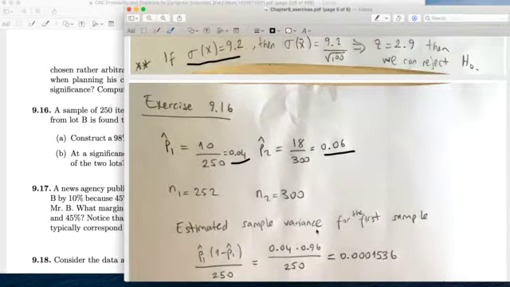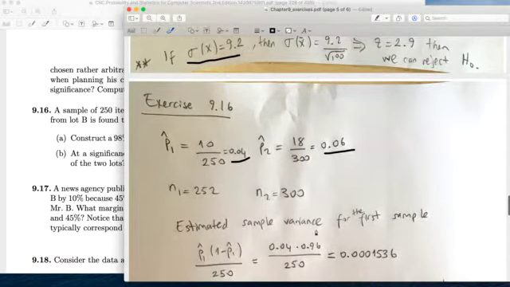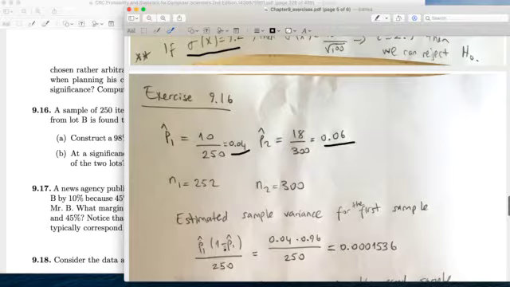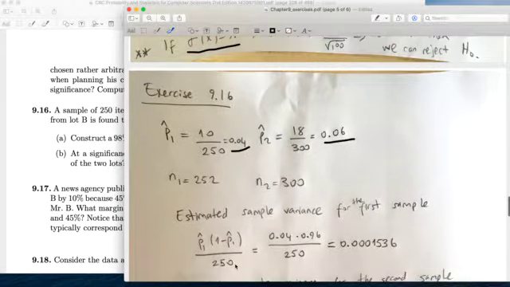So alpha is equal to, and also in order to do that, we need to estimate the sample variances. We need to know our standard error in this estimate. The standard error is given by the variance divided by the sample size. This is the estimated sample variance for the first sample, P1 hat times, so this is like a Bernoulli trial, each one of these proportions.